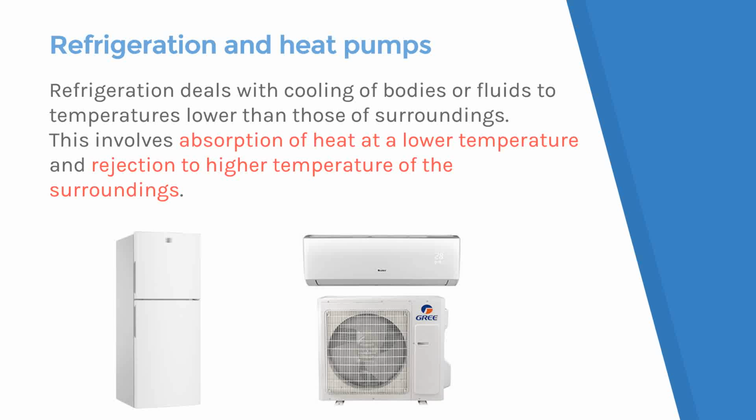Say in the summer, the indoor is very hot, so we want to absorb heat from the indoor environment and reject it to the outdoor environment. So indoor is 20 Celsius degrees, the outdoor is like 30. How do you achieve heat transfer from a lower temperature to a higher one? That's basically what we are going to introduce in terms of the refrigeration cycle.